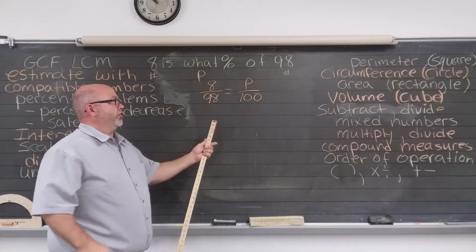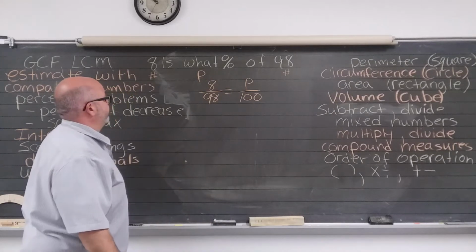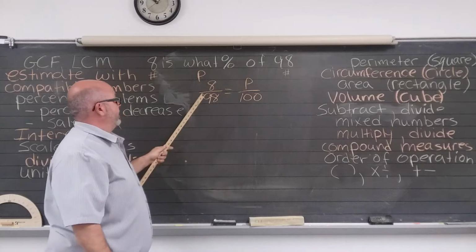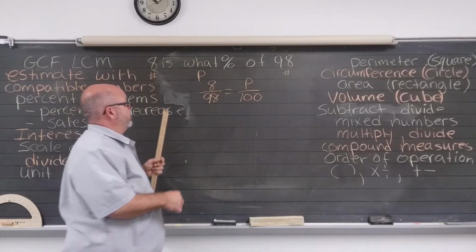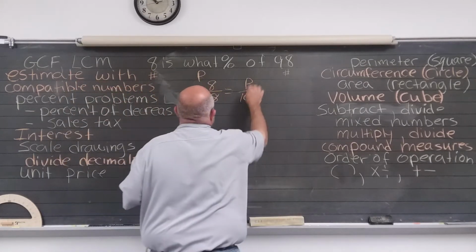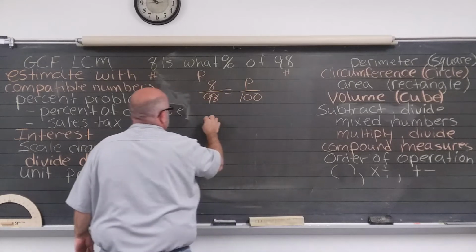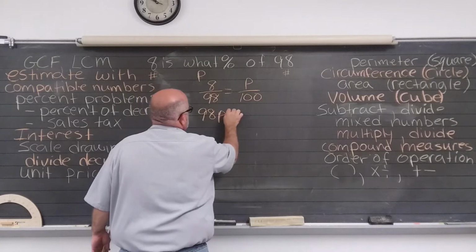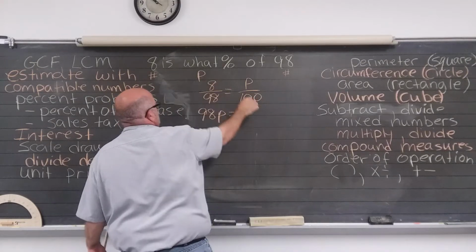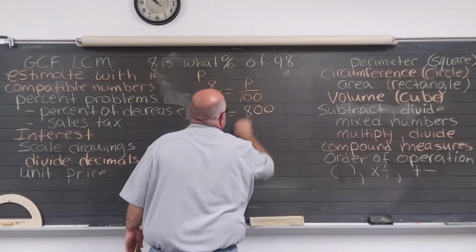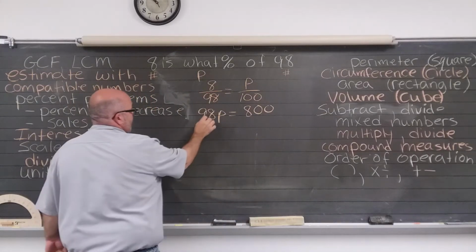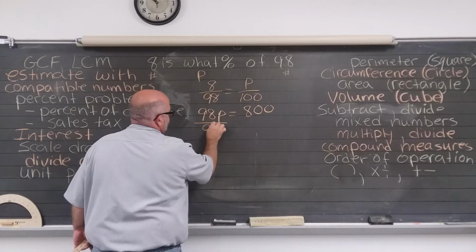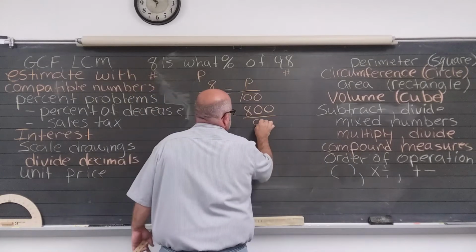Okay, so number over number, percent over percent for this kind of problem. 8 is what percent of 98? Okay, your answer will be a percent. So then your problem is 98 P equals 100 times 8, 800. All right, divide. This is 98 times P, so you divide by 98.